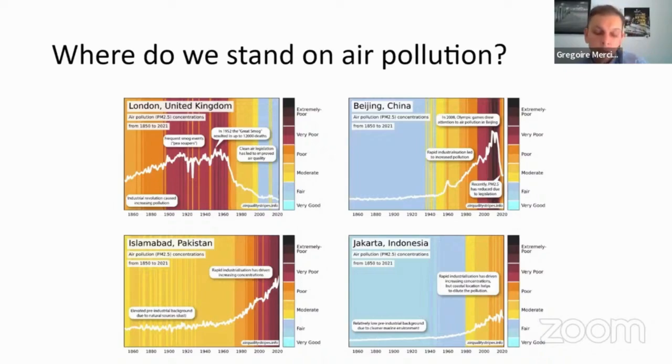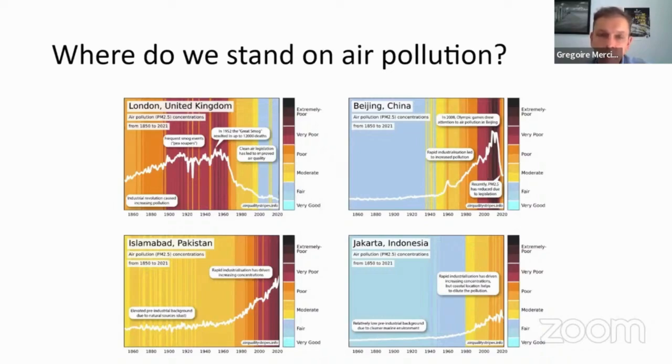And that was mainly in the industrial sector and also in the car industry sector that the regulations were the most successful.